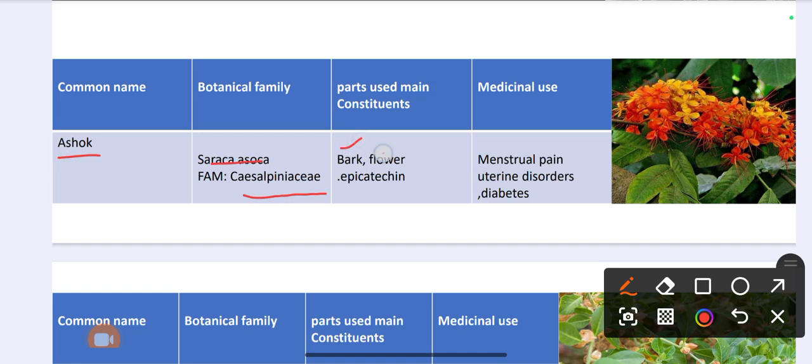Bark and flower, and epicatechin. What are the medicinal uses of Ashoka? Menstrual pain, uterine disorders and diabetes. So this is called Ashoka.